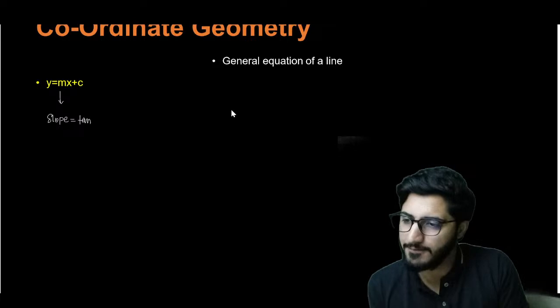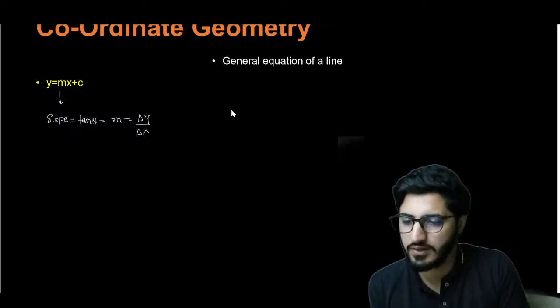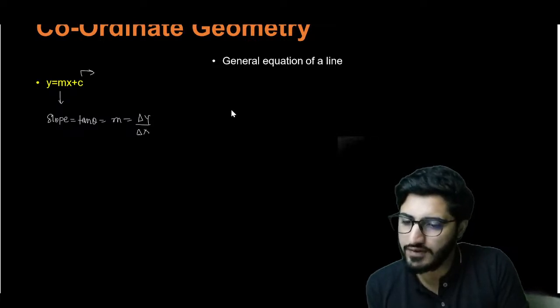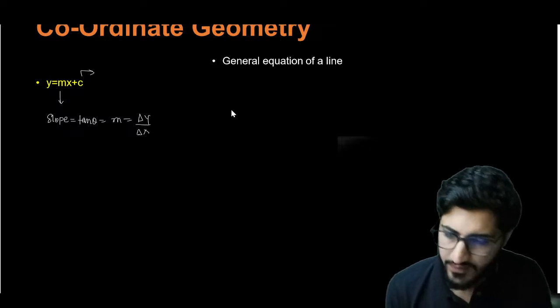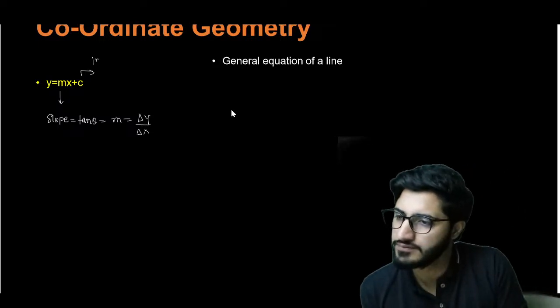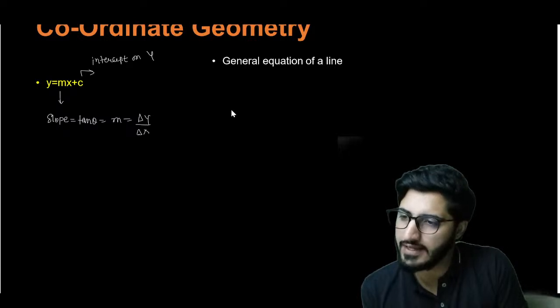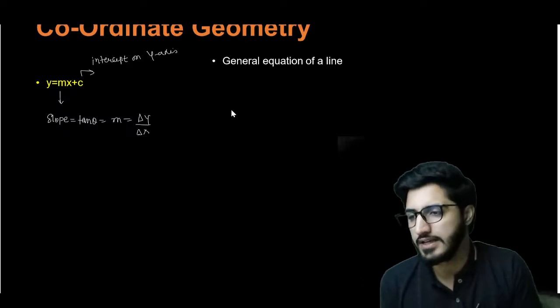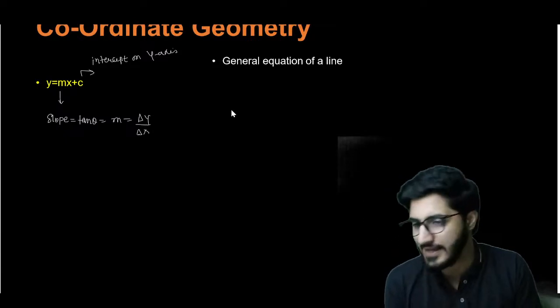Slope is tan theta, that is m, which equals delta y by delta x. Okay, x is a coordinate. What is c? c is the intercept on the y-axis.